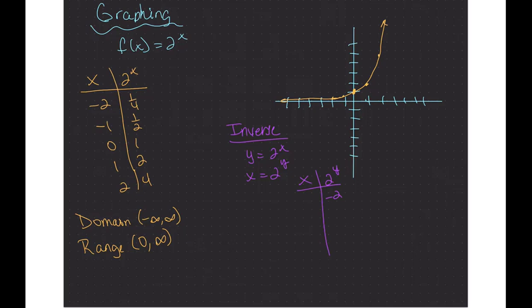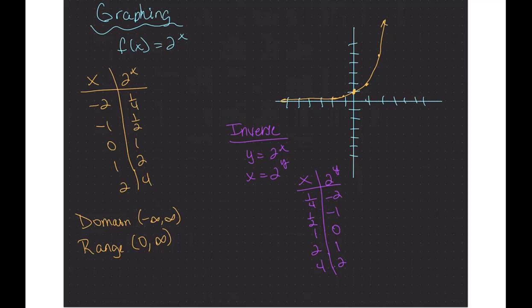And when I put in -2, 2 to the -2 is going to give me 1/4. When I put in -1, 2 to the -1 is going to give me 1/2. 2 to the 0 is going to give me 1. 2 to the 1 is going to give me 2. 2 squared is going to give me 4, right?